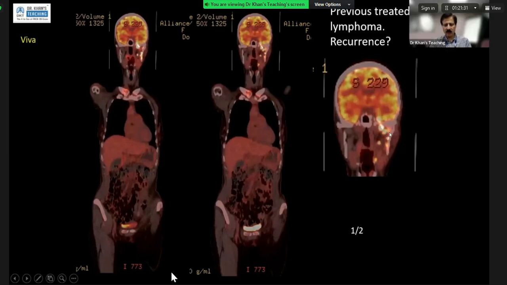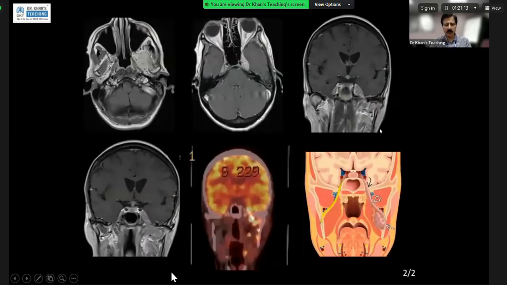Yeah. What do you think about this thing where I'm pointing out? Yeah, there seems to be an intracranial component which is extending through a foramen here. What will you do? I'd like to correlate with the cross-sectional imaging. So I have given you this MR. So look at this axial and look at this coronal.